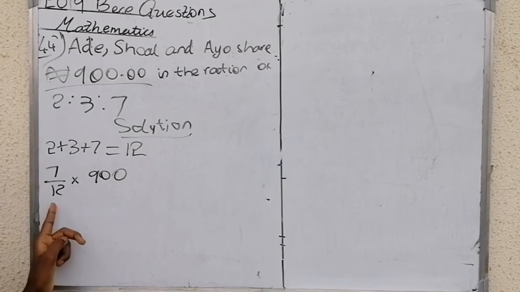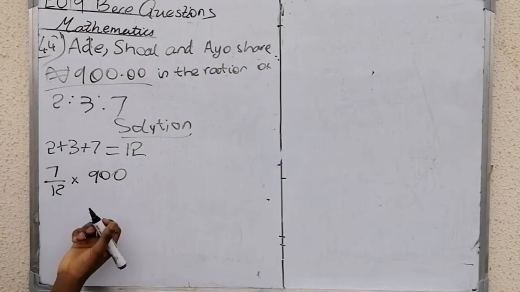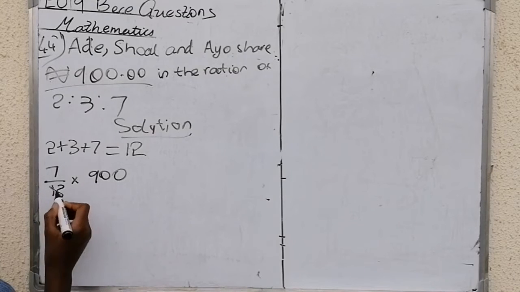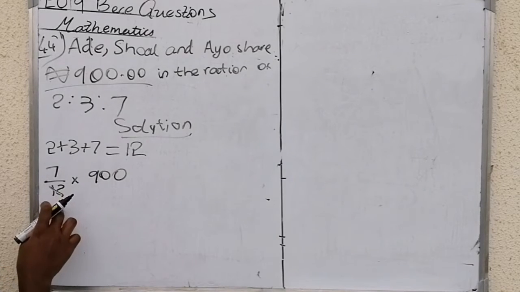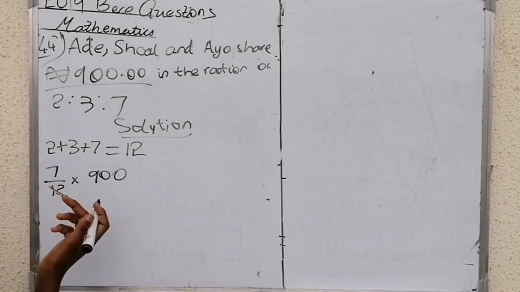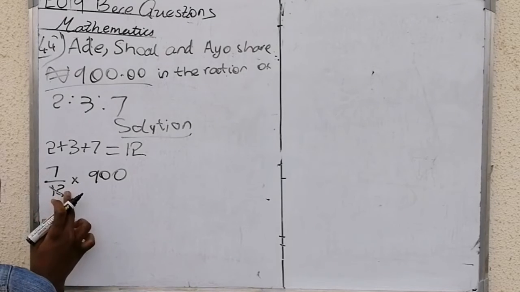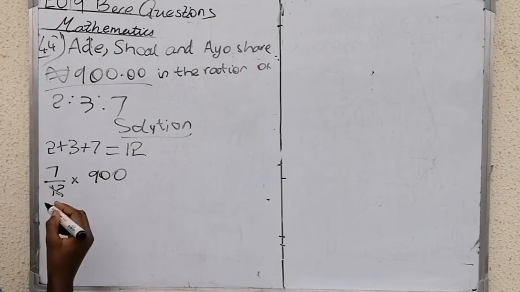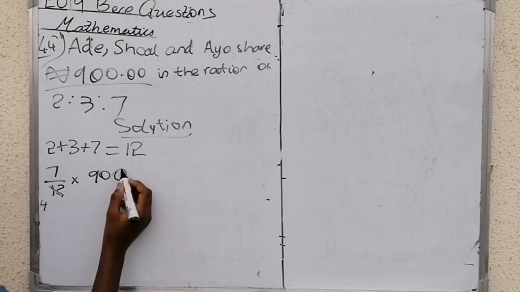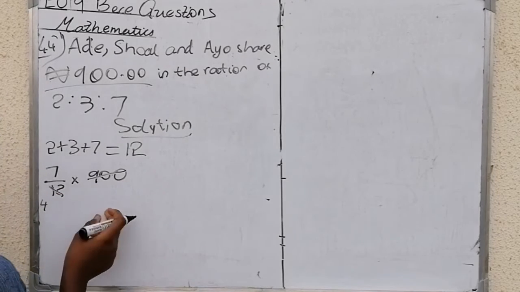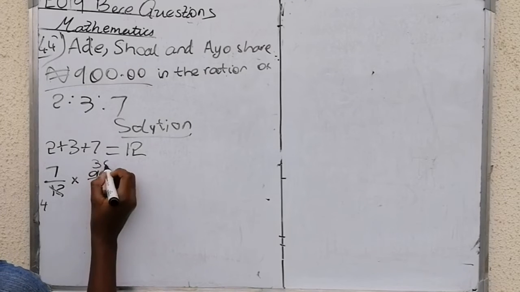So let's see what can cancel out to make this easier for us. 4 can. But I think let's take 3. So 12 divided by 3 is 4, and 900 divided by 3 is 300.